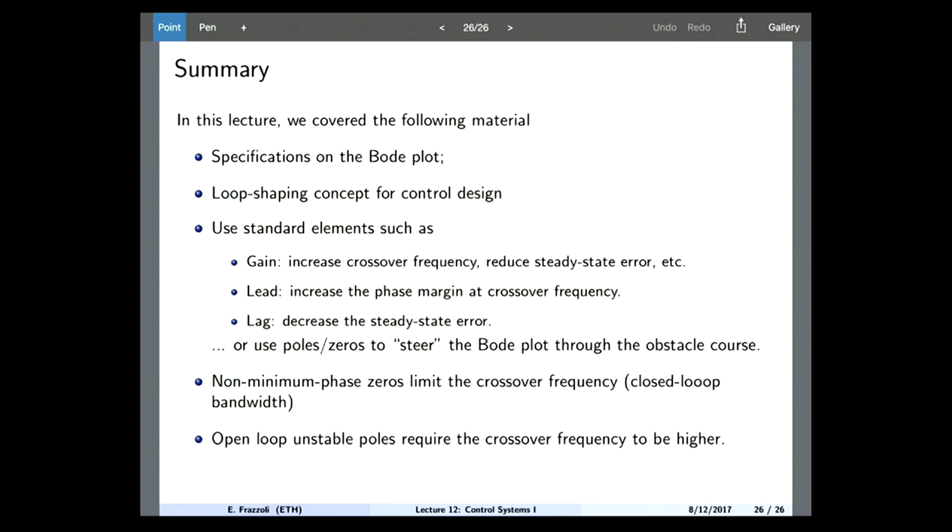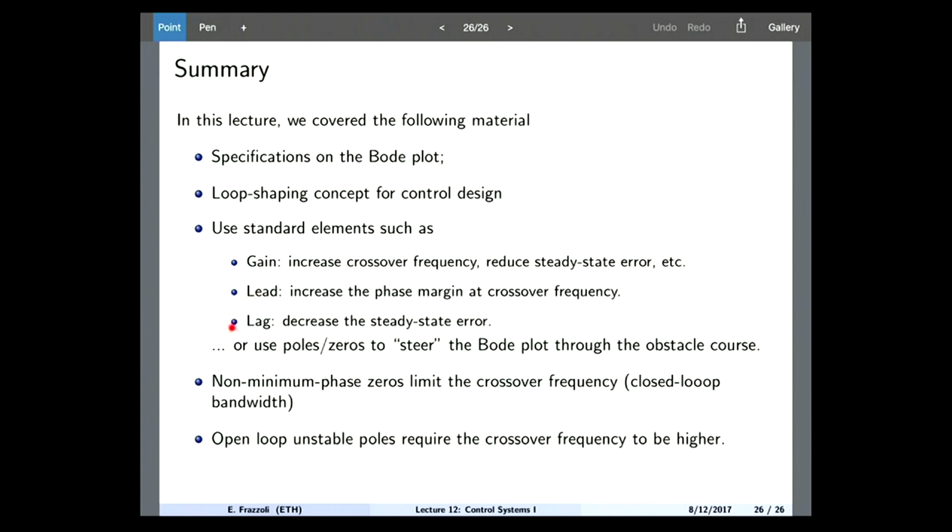Essentially, you use the standard elements such as gain. The gain shifts the whole thing up. Given the usual shape of the Bode plot, that means reducing the steady state error, but also increasing the crossover frequency, okay? Use the lead to increase the phase margin, and usually you center the lead at the crossover, because that's where you want the phase lead, okay? Lag decreases the steady state error.